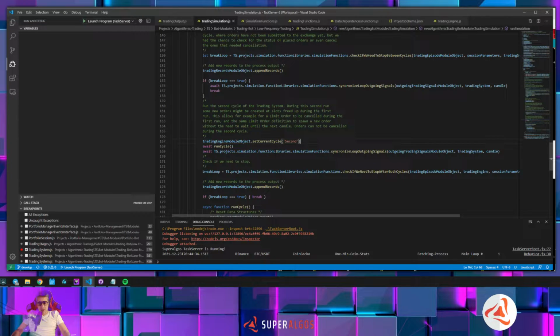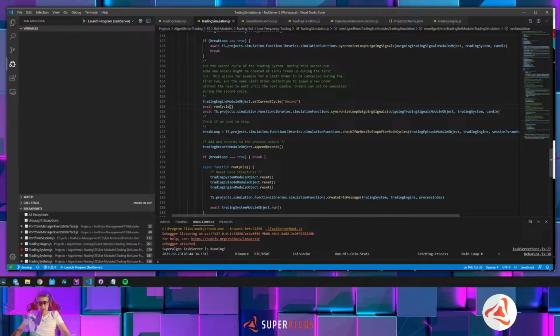So set current cycle in second and then run the cycle. Maybe this would be better than inside here.